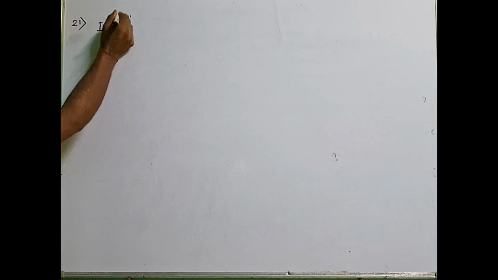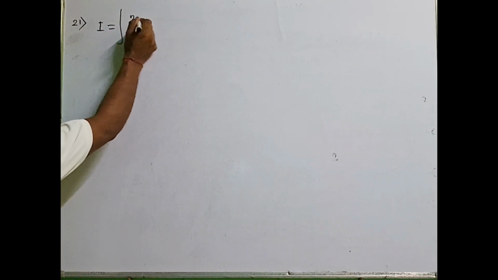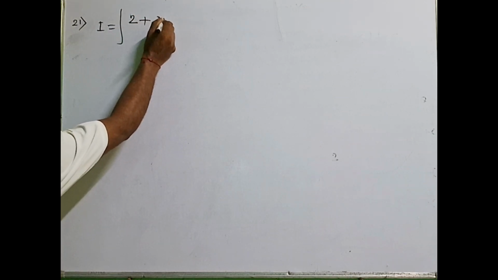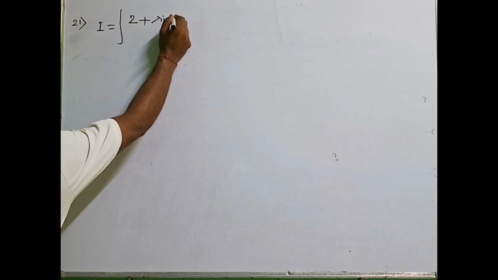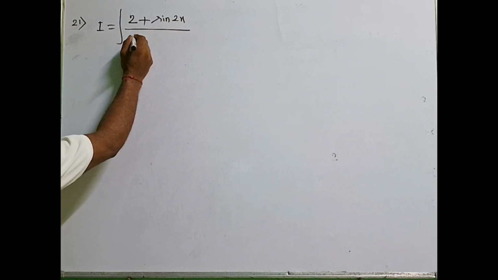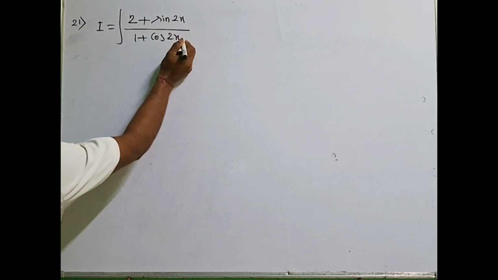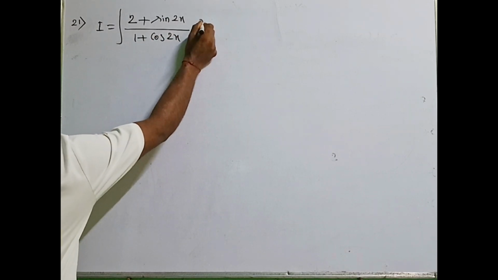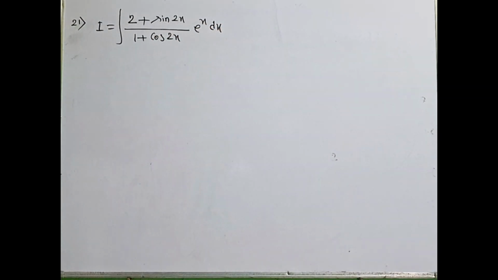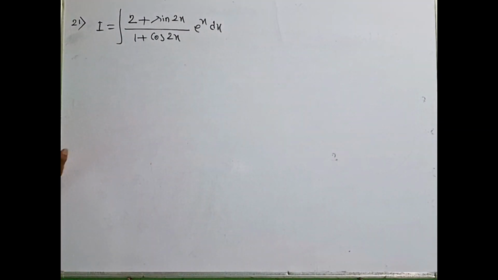Here I equals the integral of 2 plus sine of 2x divided by 1 plus cos of 2x, times e to the power x dx. This is your question number 21. It's an easy one.